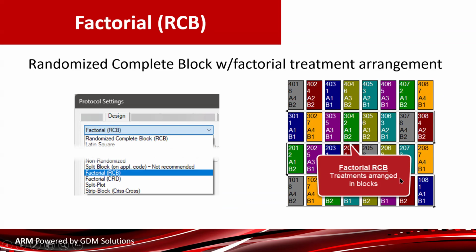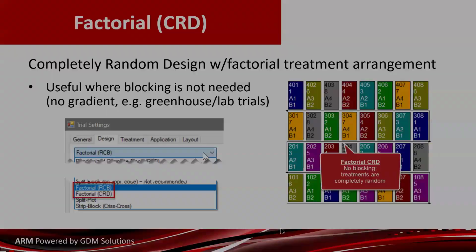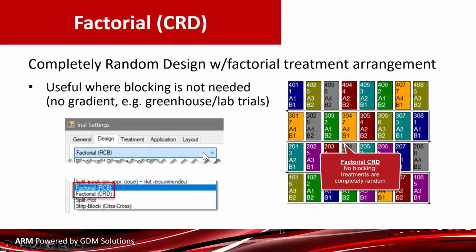But the key is we're still blocking. If there's a gradient that we suspect in our trial site, stick to the tried and true RCB, try to capture that gradient in our blocking. On the other hand, if we still have that same factorial arrangement of our treatments, we still want to test all the combinations, but there really is no blocking that's needed.